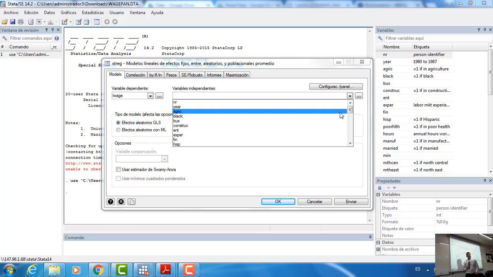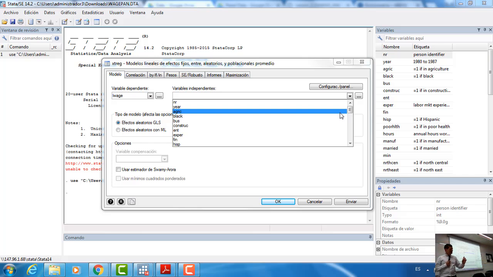So NR, the number, yes, no? Important, no? Why? It is a random number, so it doesn't make sense to use it. A lot of people are going to use it anyway. No, but it's like using your ID number. Well, you can use it, but it's not very useful. And then year.